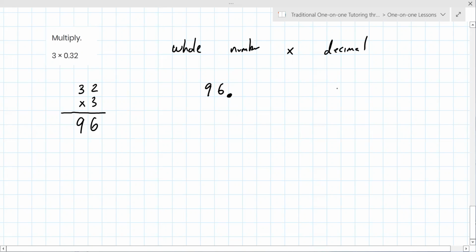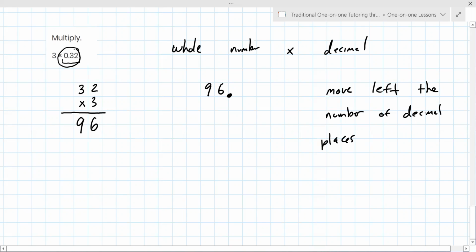Now, when you're multiplying by a decimal, you move left, not right. You move left the number of decimal places. So how many decimal places do you have in this number up here, 0.32?